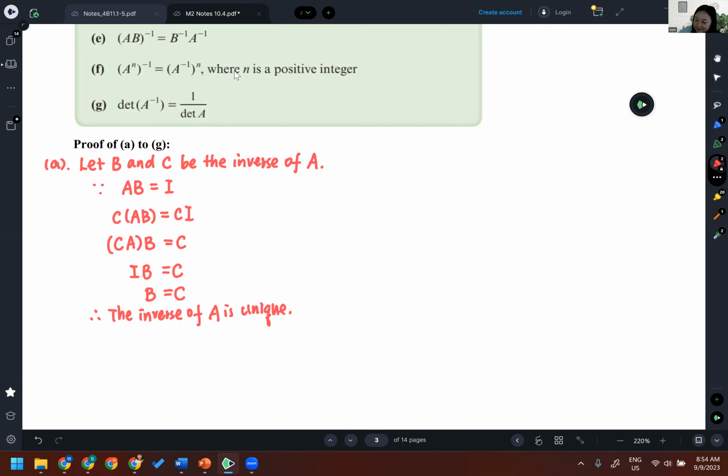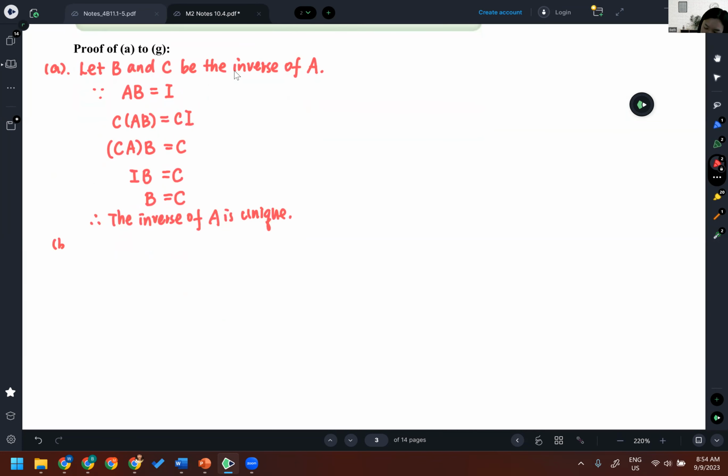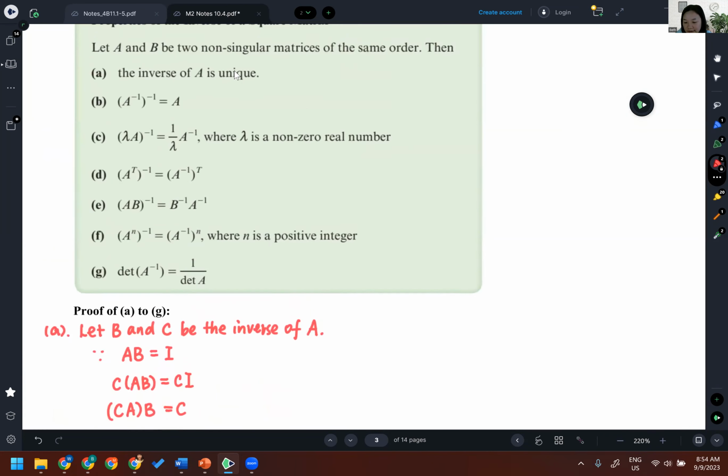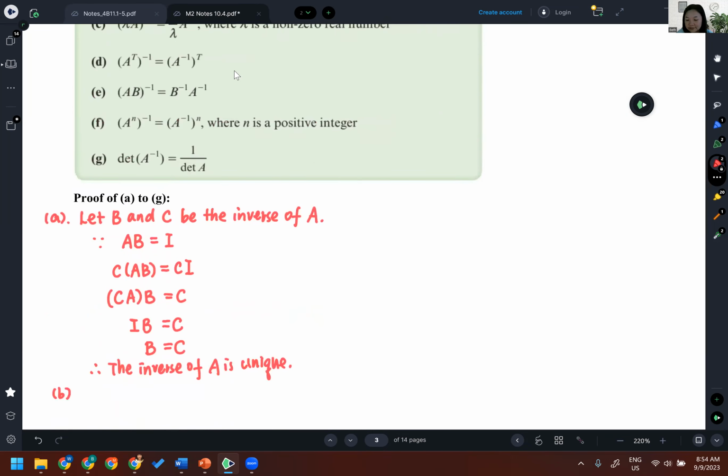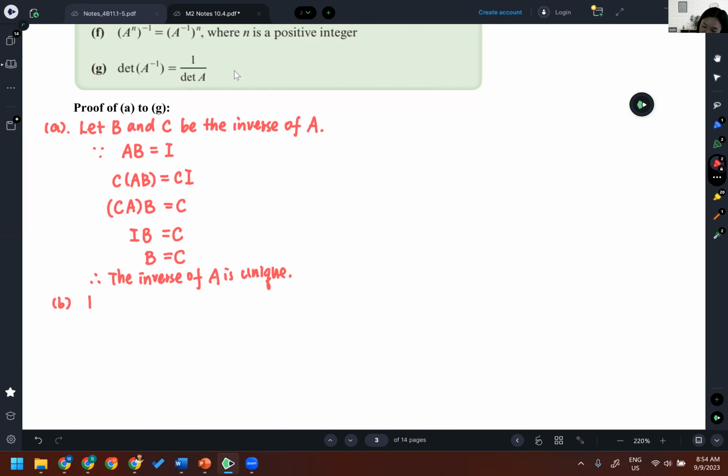Part B. The inverse of inverse is A. By definition, A times A inverse and A inverse times A equal I. Okay, that's the definition of inverse.